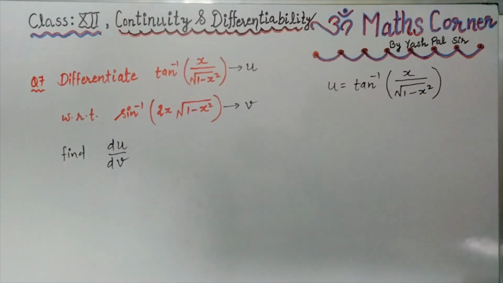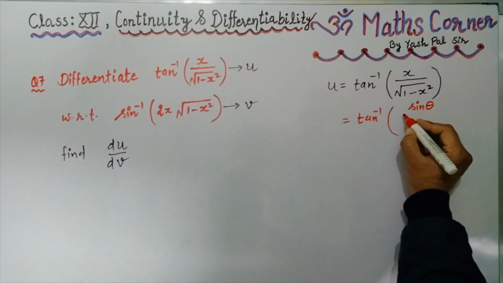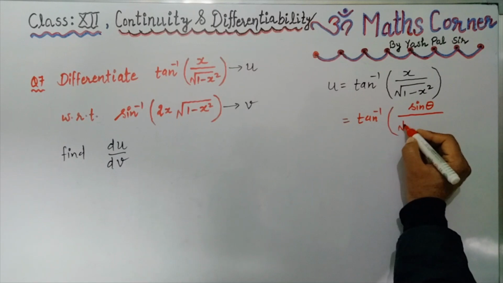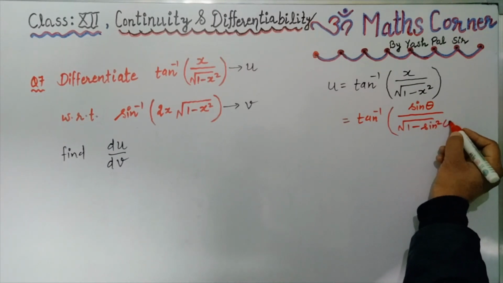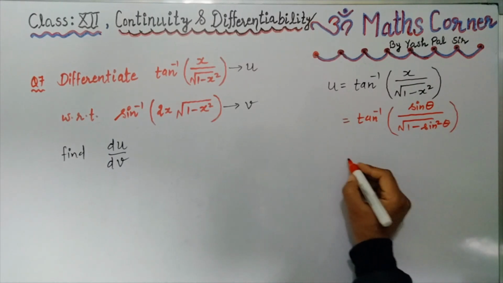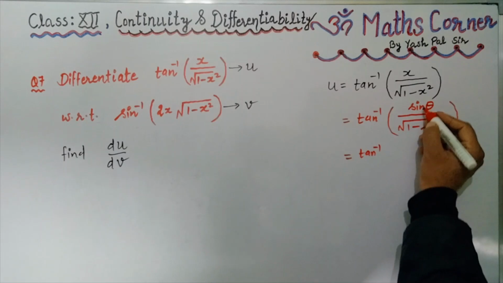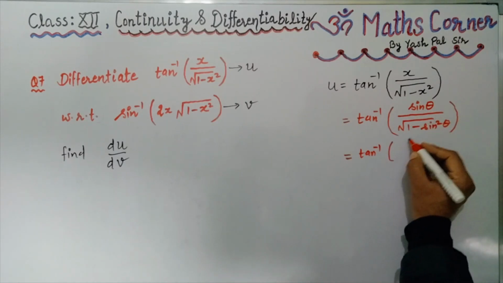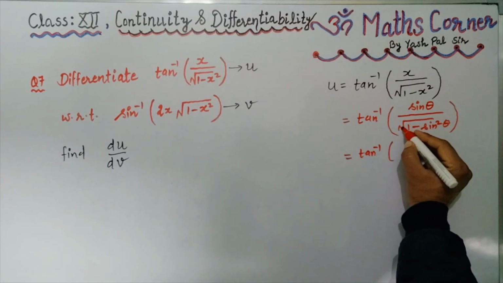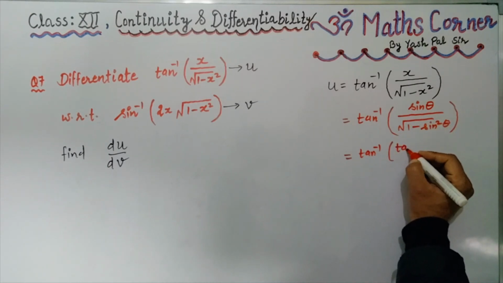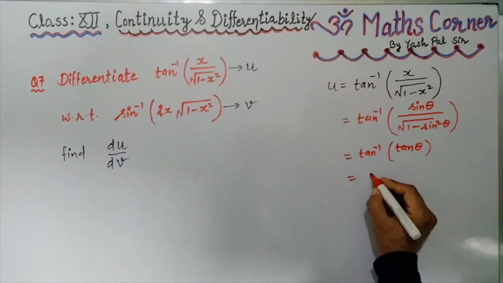Simply if we put x is equal to sine theta, then what happens? Sine theta divided by square root of 1 minus sine square theta. So this gives us tangent inverse sine theta upon, 1 minus sine square theta is cos square theta, square root cancelled, that is tangent theta.